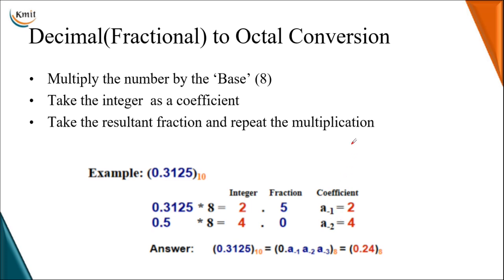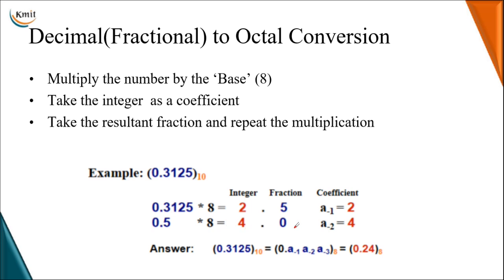Now decimal fractional into octal conversion. We have taken a decimal fractional number 0.3125 to the base of 10. Since it is octal, we multiply with 8. So 0.3125 multiplied by 8, the product is 2.5. So now 2 is the integer. We consider that as a minus 1, the first digit of your octal number. Next the fractional part is 0.5. We take that and multiply with 8.